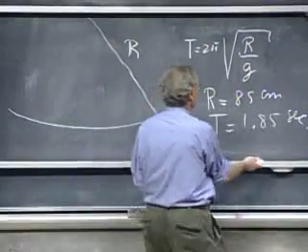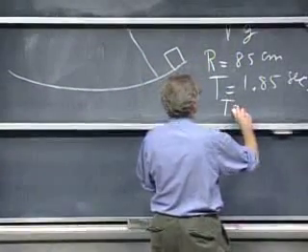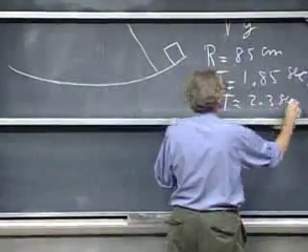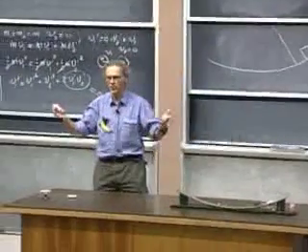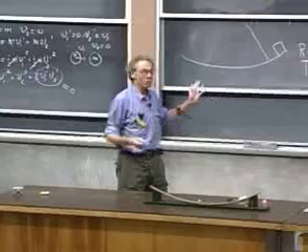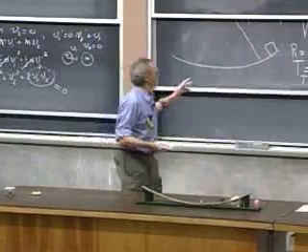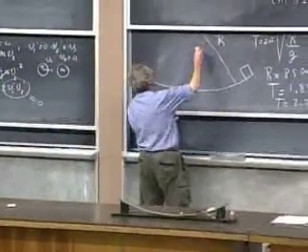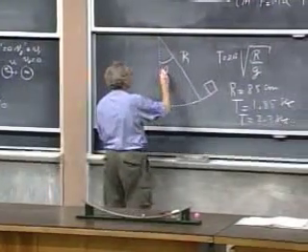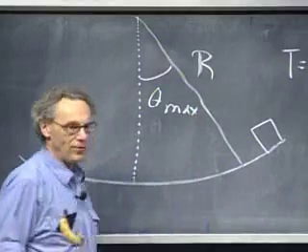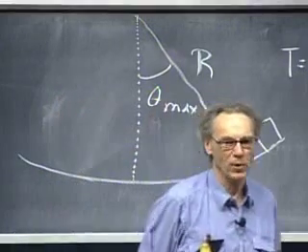Way higher. We observed something like, I think, 2.3 seconds. And I asked you at the end of the lecture, why? And some of you said, well, the radius is smaller. That was no reason. Because the displacement angle, this maximum angle theta maximum, was so small that that could never explain why the period was so much larger.